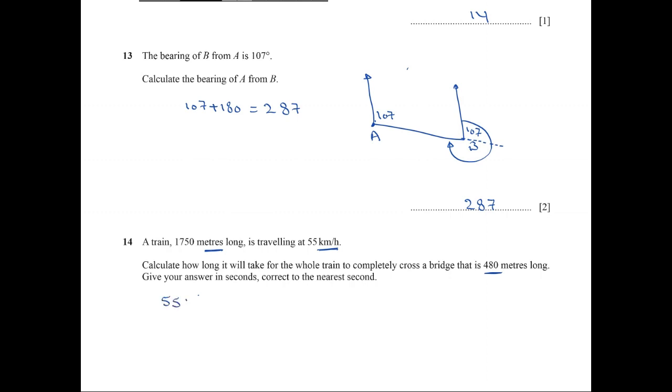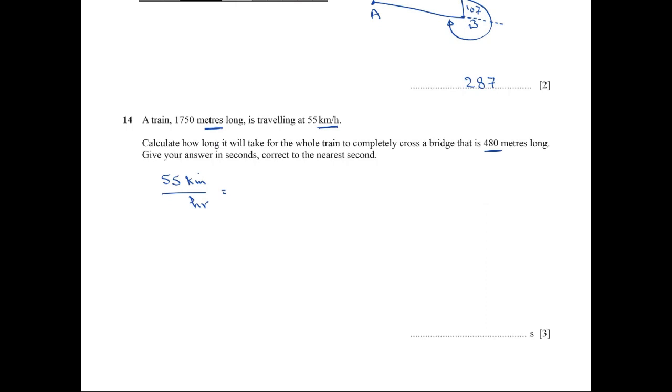First of all, we have to transform 55 kilometers per hour into meters per second. To transform this number, we know that we have to multiply by 5 over 18.